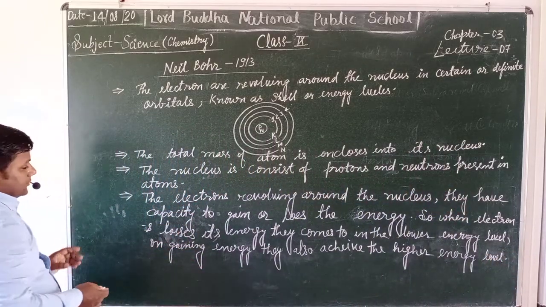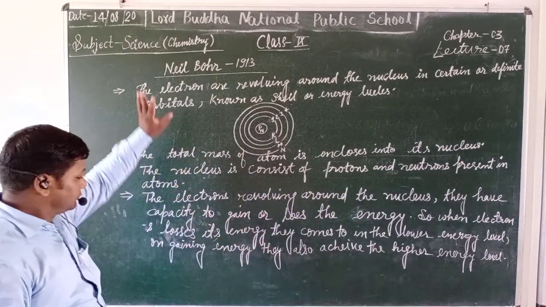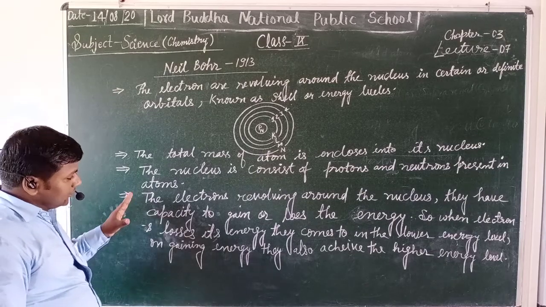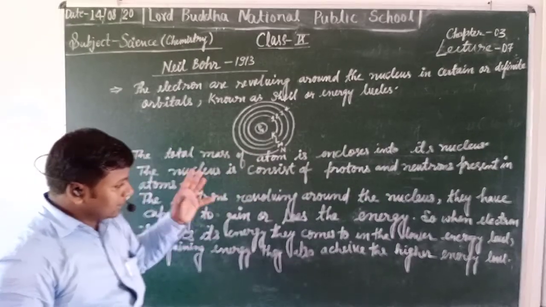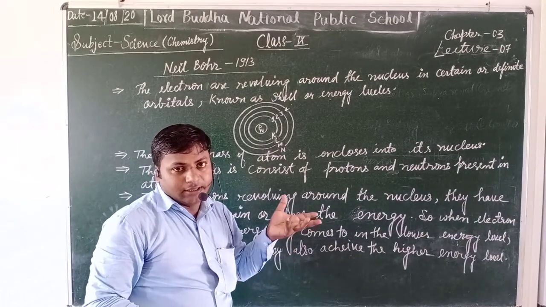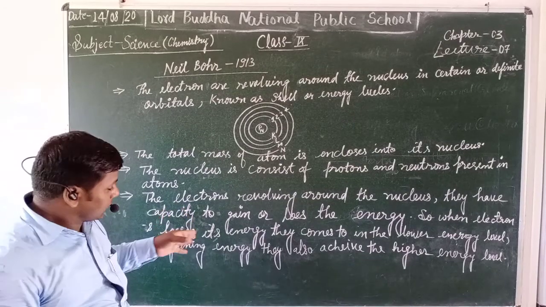It means, students, when the electrons are revolving around the nucleus, they not only lose their energy, but they also have the capacity to gain energy.